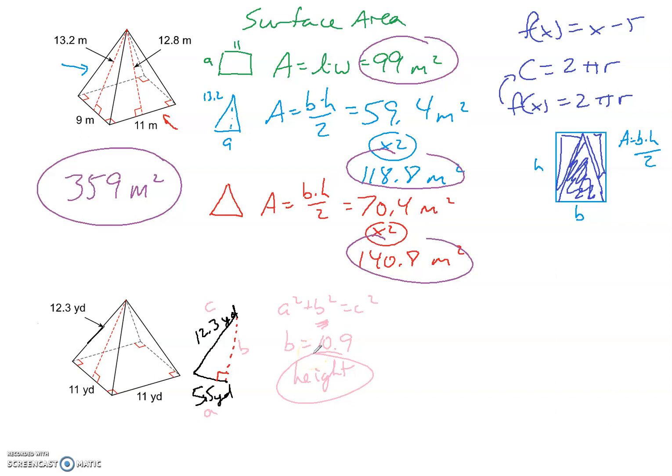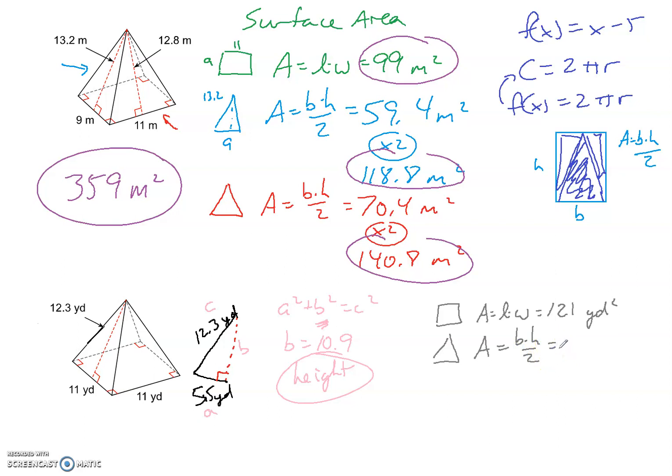So I'm just going to start with my little square base, because that's easy. Again, area is length times width, so it's 11 times 11, which gives me 121 square yards. Now I can do my triangles, and that's base times height divided by 2.